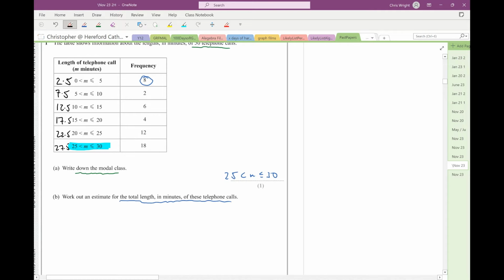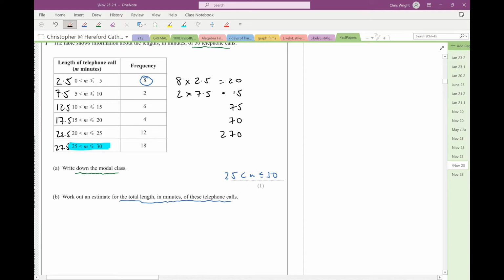So now to work out my total length of all the phone calls, I've got 8 times 2.5. Well, that's 20 minutes of calls there. 2 times 7.5, 15 minutes there. 12.5 times 6 gives me 75 minutes. 4 times 17.5 gives me 70 minutes. 12 times 22.5, 270 minutes.